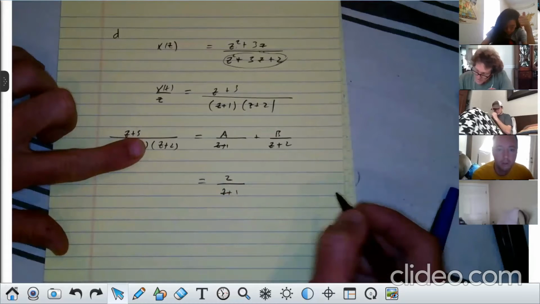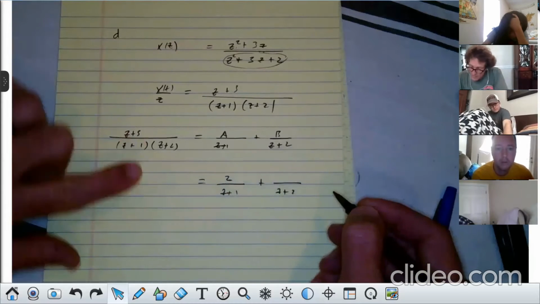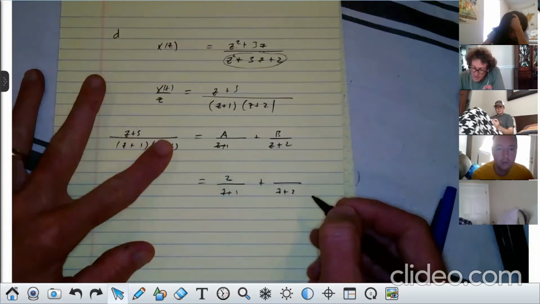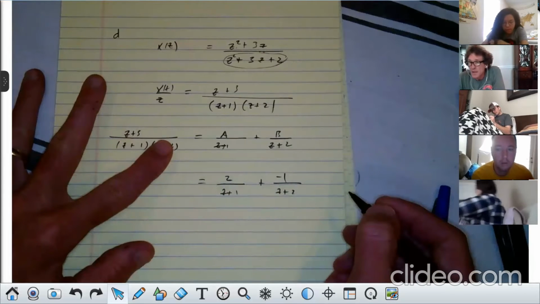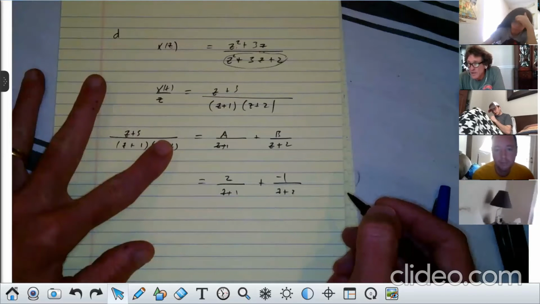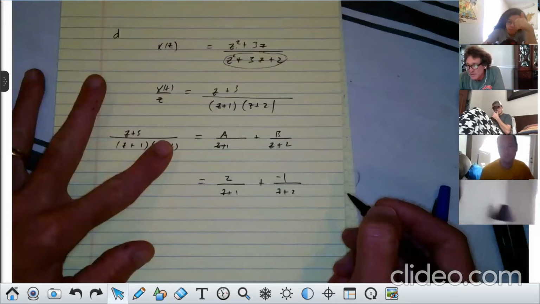All right, what's the next one, someone? I cover this up and I let Z equal minus 2. On top, it's 1. On the bottom, it's minus 1. Do you agree with that? Y'all good with that?